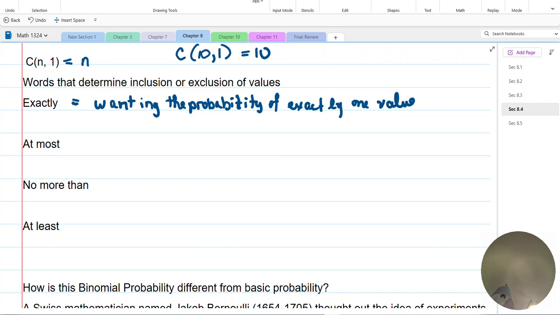So at most means the value listed is the largest possibility.